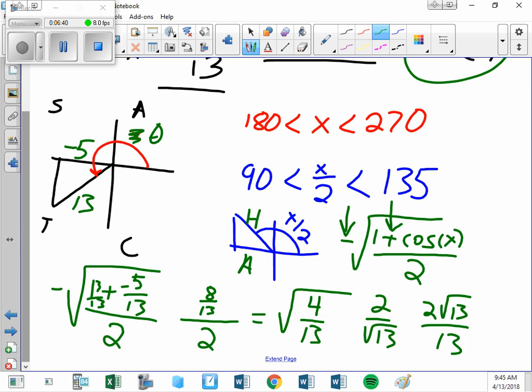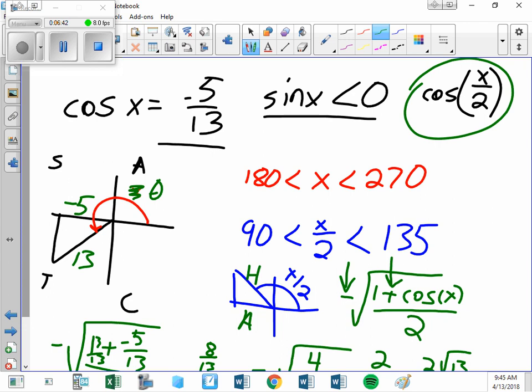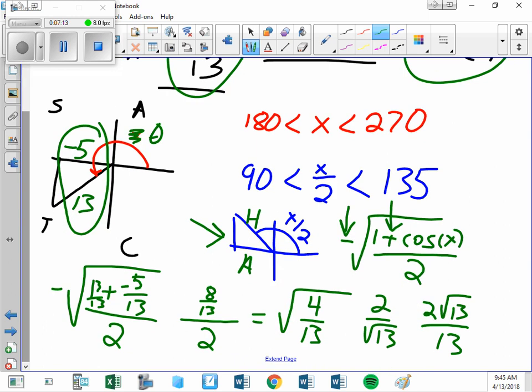Yes. So what this is saying, if I go back to the top, if theta is this angle right here, then the cosine of theta is negative 5/13. Okay? If I cut that angle in half, and I draw a new triangle, which is going to be in quadrant 2 somewhere, then the cosine of this triangle is 2√13. Oh, negative. I forgot the negative. Negative 2√13/13.